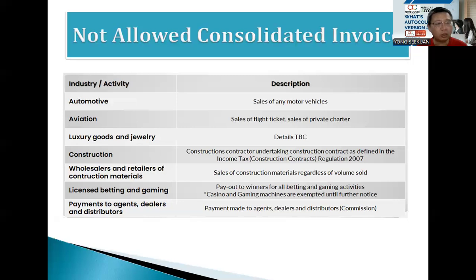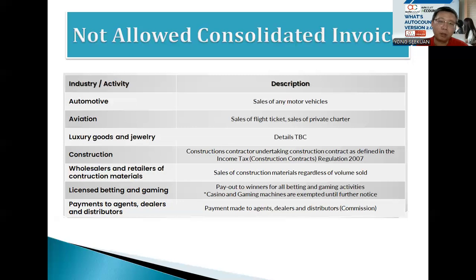Most of the customers ask about construction lah. Construction, because let's say Mr. DIY also has it, you go to their shop and they also have construction items. So you had better check with your tax agent, referring to the Income Tax (Construction Contract) Regulations 2007, whether you fall under this construction industry or construction item.